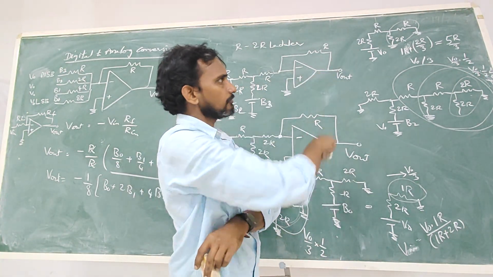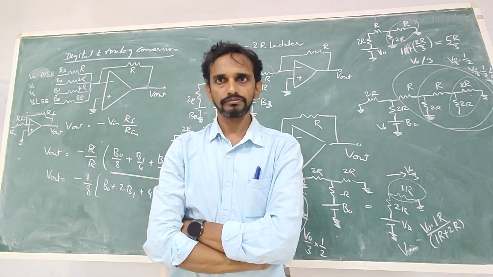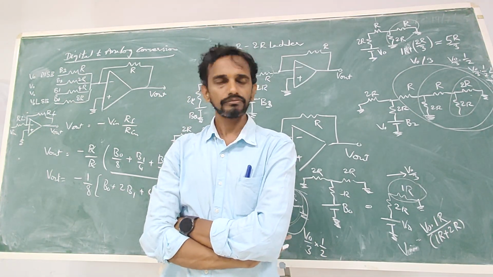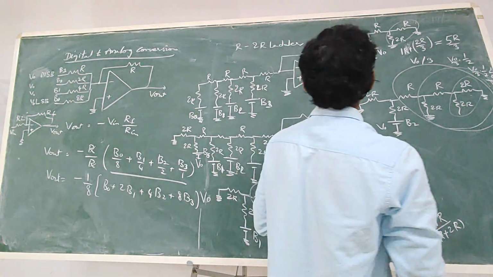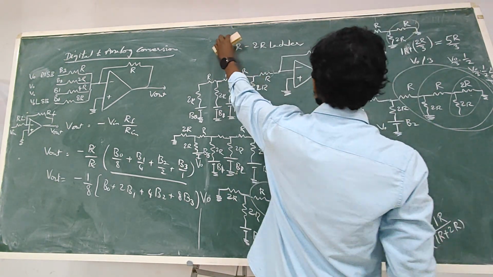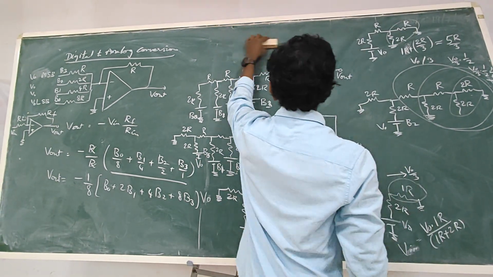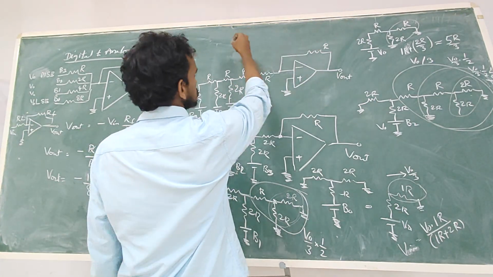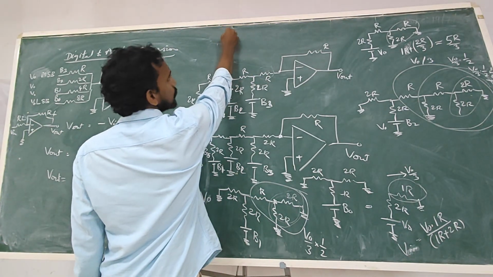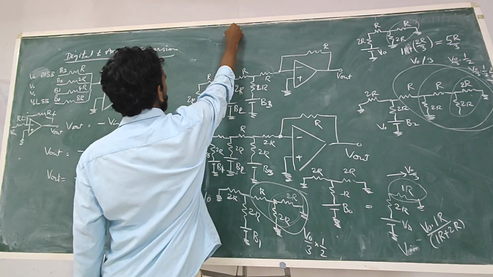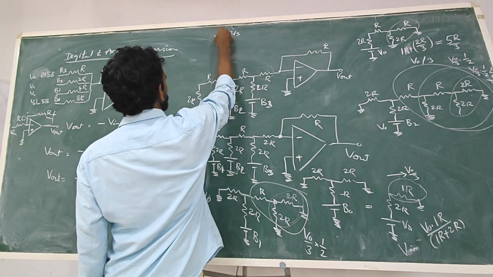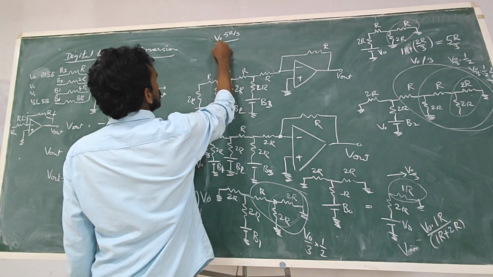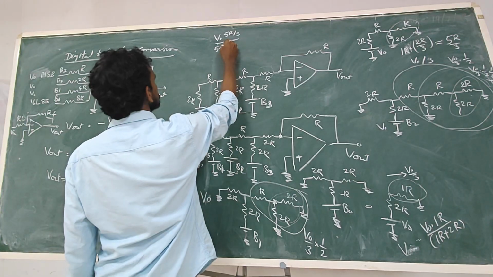So 6R by 3 and 5R by 3. The voltage division is we have to calculate at 5R by 3 by 5 plus 6 plus 3.